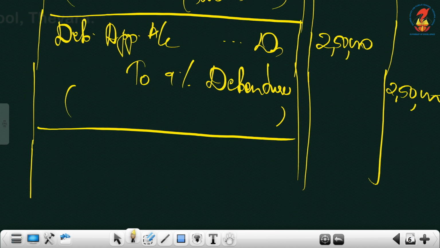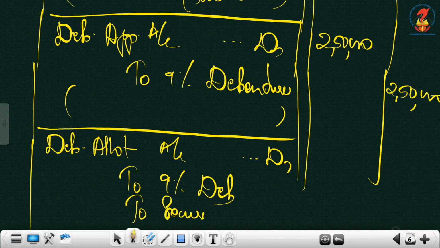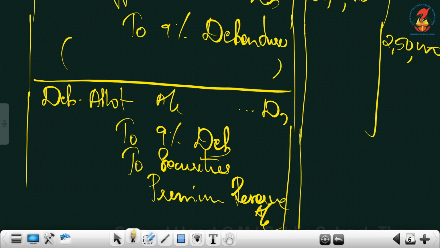The next one is the allotment due entry, and you must remember to open SPR here. Debenture allotment account debit to 9% debentures and securities premium reserve account. Okay. Now how to write the figures?